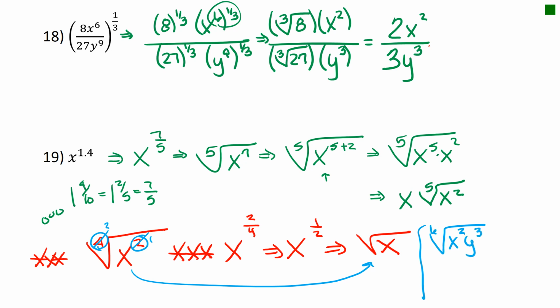If you want to keep it all under the same radical, there's nothing you can do, because that is x to the 2/6, y to the 3/6. So that would be x to the 1/3, y to the 1/2, and they would have different roots, so you couldn't put them back together. But if it's only one thing, or if they all divide out and keep the same root, you can simplify it. But if not, keep it as the one radical.